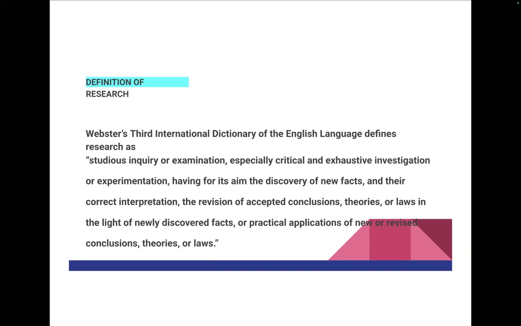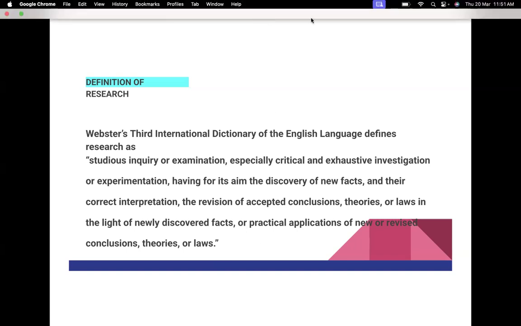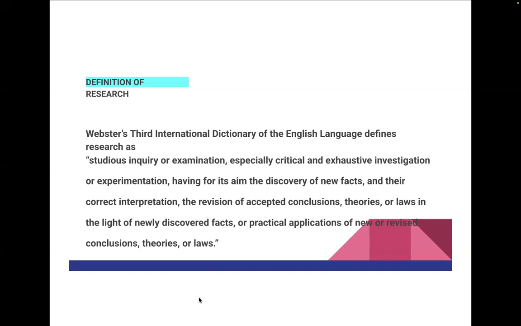So you have heard this term research many times, right? Now, if I ask you what exactly you mean by this term research, no textual definition needed, according to you, what exactly does research mean? Can you tell me?